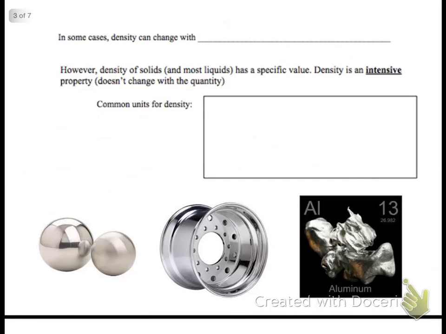So I'm going to come back to the top statement here about when density can change and talk more about density being an intensive property. So density of solids has a specific volume, and liquids. Density is an intensive property, which means it doesn't change. So remember, it's a characteristic of the material. So it doesn't matter whether I have these ball bearings that are aluminum, or this wheel that is aluminum, or this irregular shaped object.